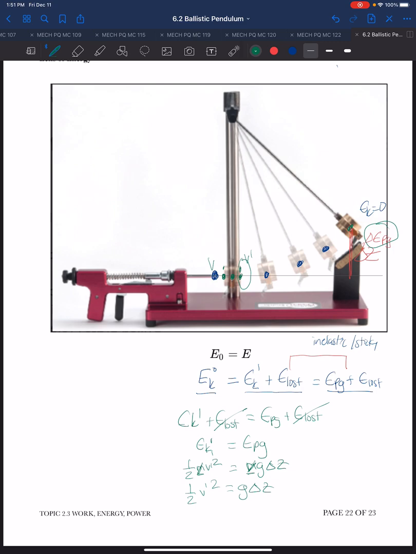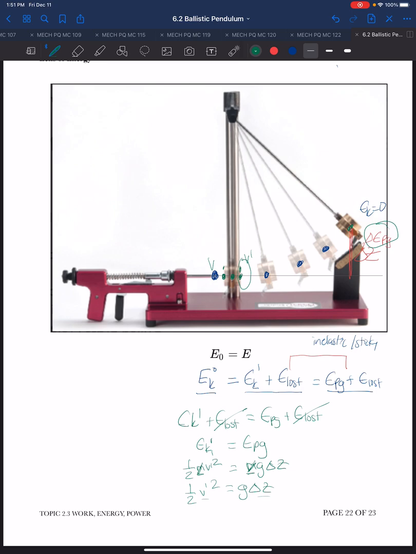Now, what was not intuitive from the beginning is that this relationship at the end is independent of the mass. It doesn't matter what the mass of this particle is. The result will be the same. It will depend only on the velocity, and that will produce a resulting change in height, all of which is independent of the mass.